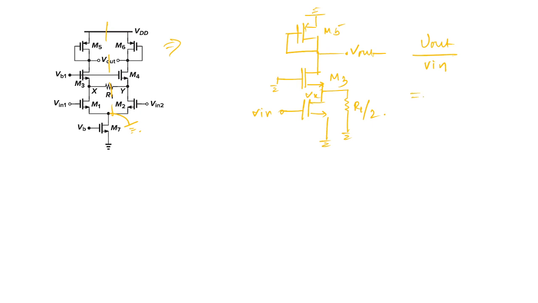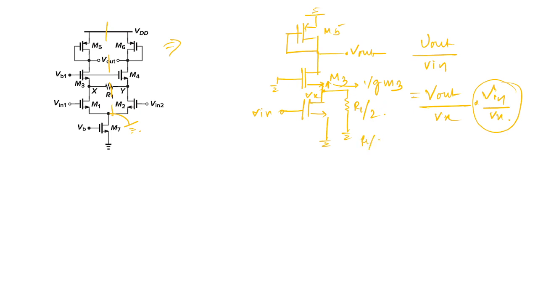So you can write this in this way: V out by Vx into Vx by V in. Okay, first find this term. So you can see this is Vx. If you look in this side, what is the impedance here? This is nothing but 1 by Gm3. And downward, what is the impedance?